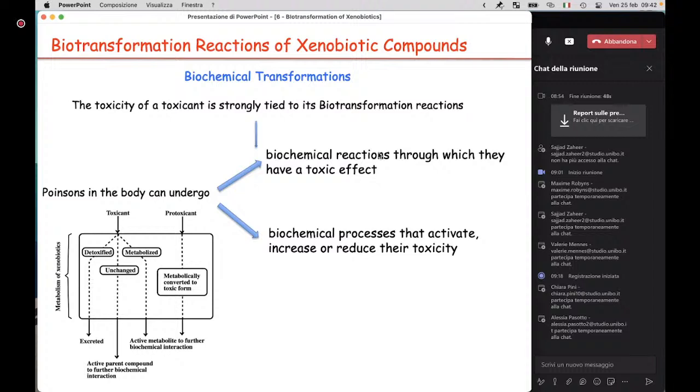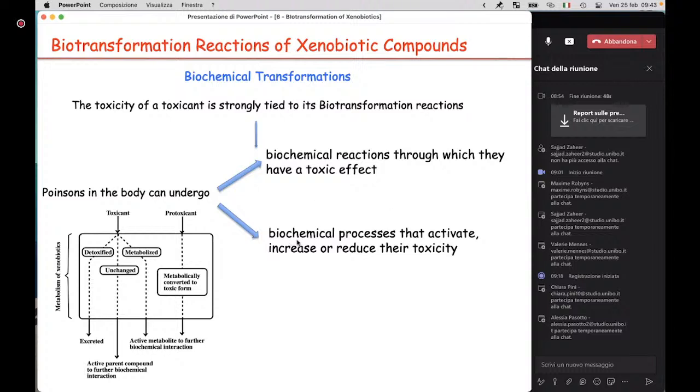Those are the biochemical reactions that cause the toxicity, the mechanism through which the compound produces its toxic effect. And this, we can look at as what the compound does to the body. On the other hand, the biochemical processes that biotransform the compound are what the body does to the compound. It's the vice versa in some way from the toxicity effect.